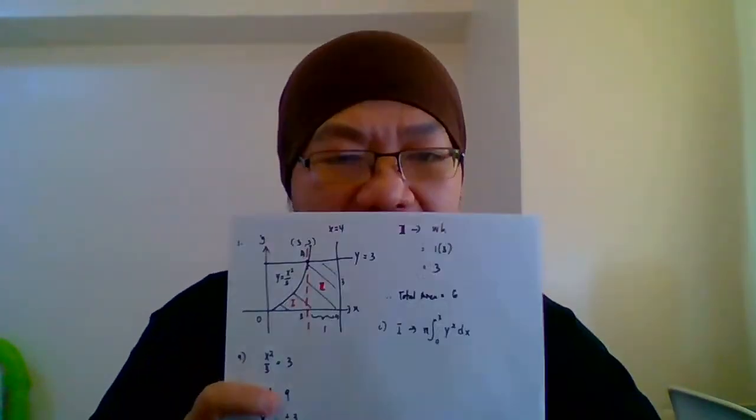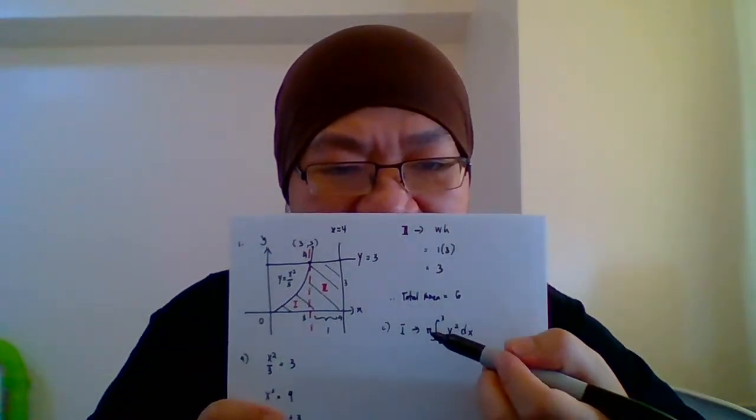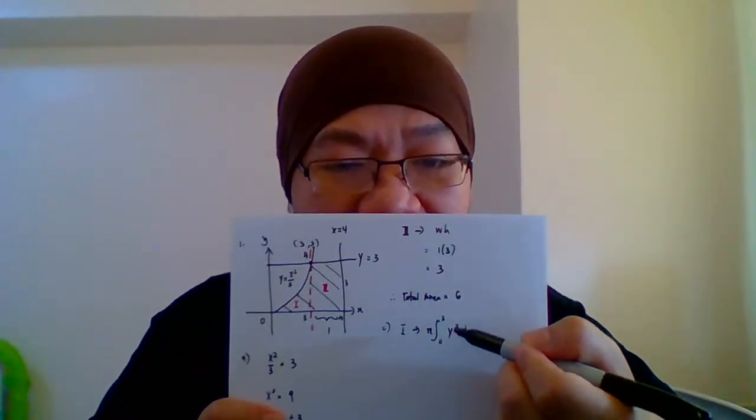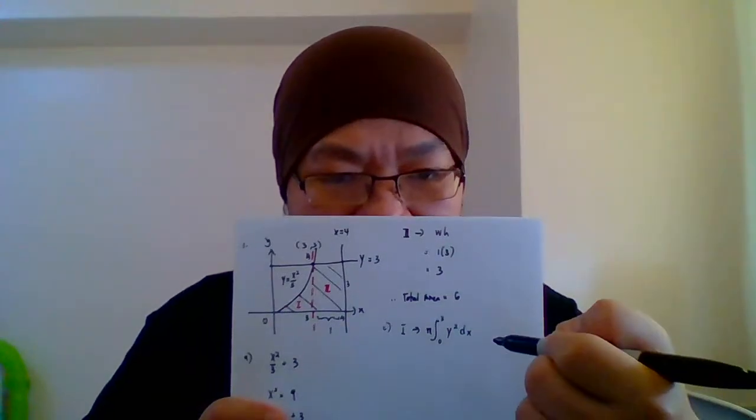The volume of the first region: don't forget pi. Integrate 0 to 3, y squared dx. Okay? The formula to find the volume against the x-axis is pi, integrate the limit y squared dx.